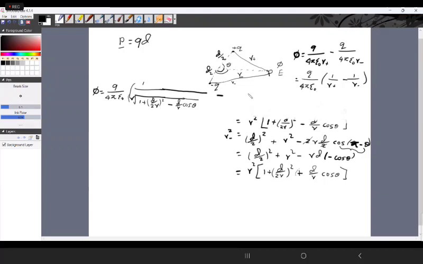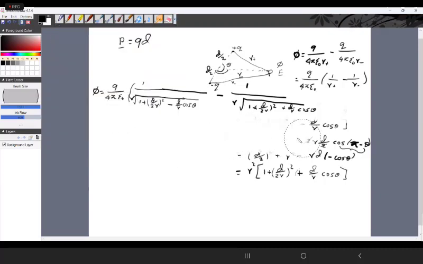Now for the remaining value, as we get this r minus here, also we can have the r. So r times root of 1 plus d over 2r all squared plus d over r cos theta. Okay, now as we already wrote this, I'm just erasing that r value here.